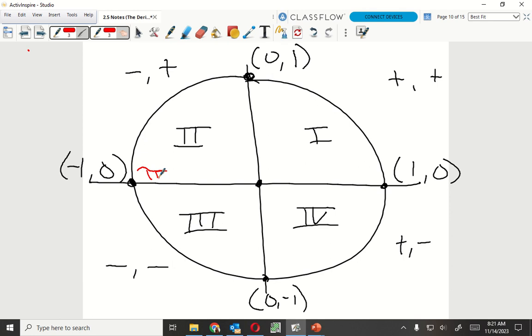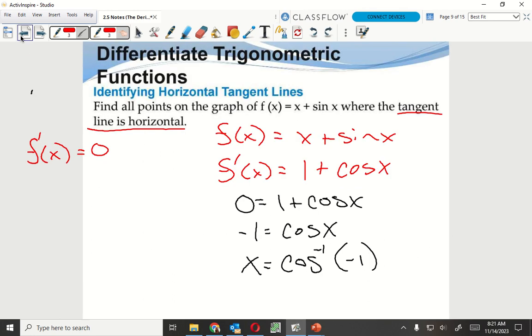So yes, it's going to be pi. That's what we're finding. So we know that cosine at pi, x equals pi, the x value is negative 1 at pi.